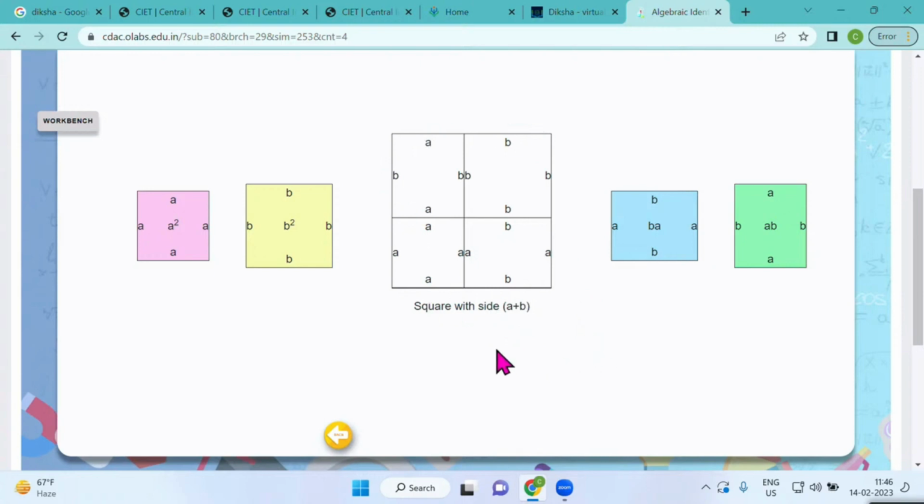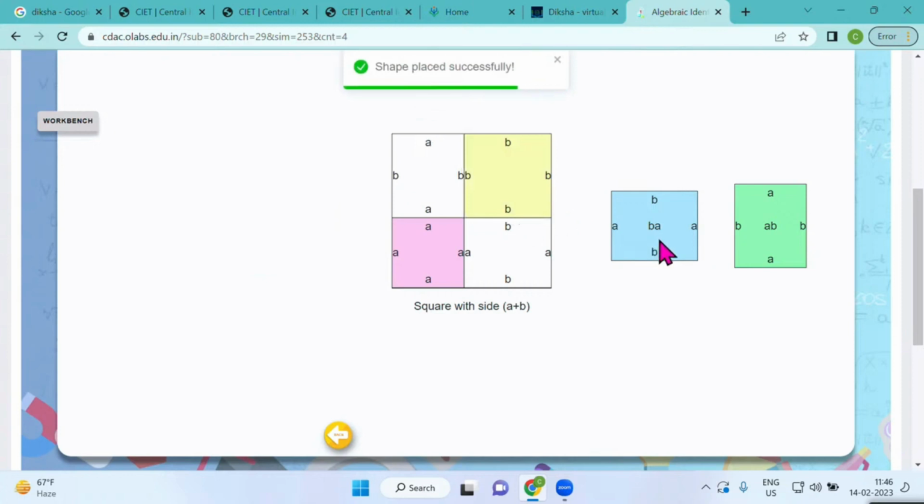So what we observe in this activity is that all these four shapes are fitted in one box whose area is A plus B whole square. So we can conclude that A plus B whole square is equivalent to A square, so we are fixing one of the squares first, and the next square is B square, and the third is the shape of the rectangle.